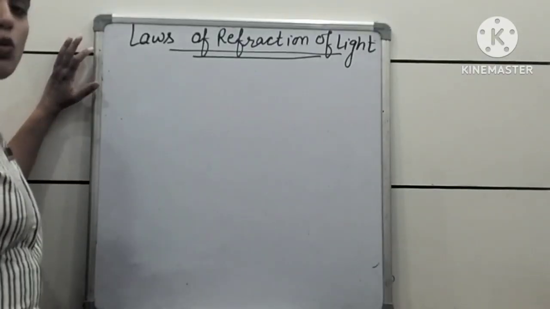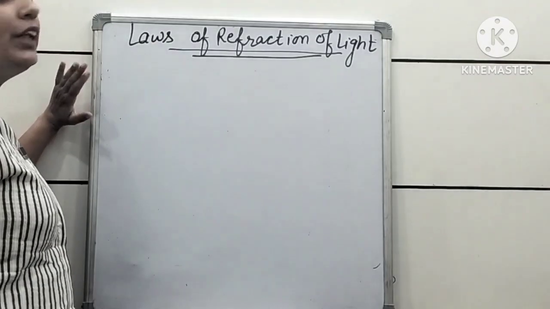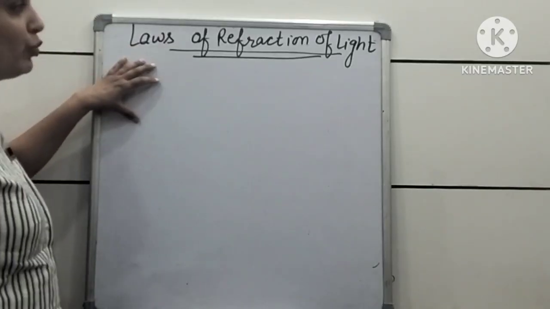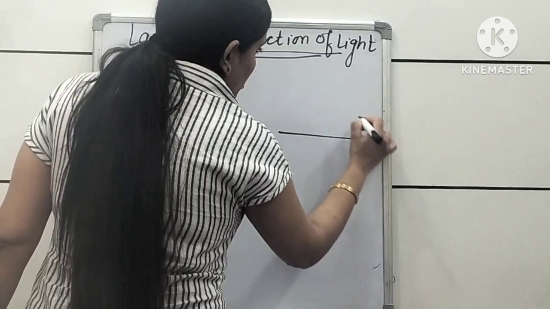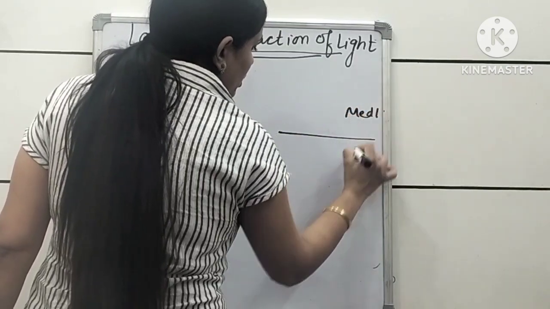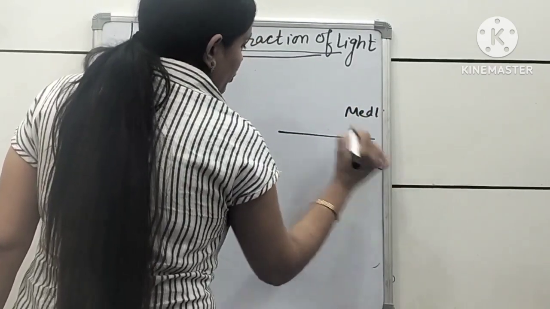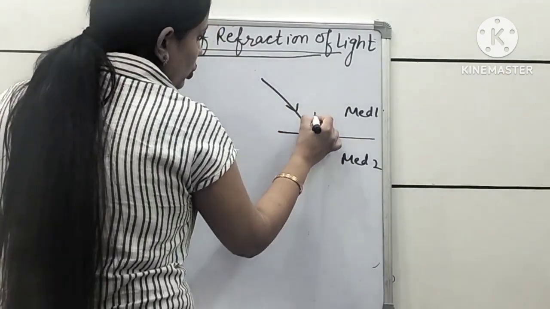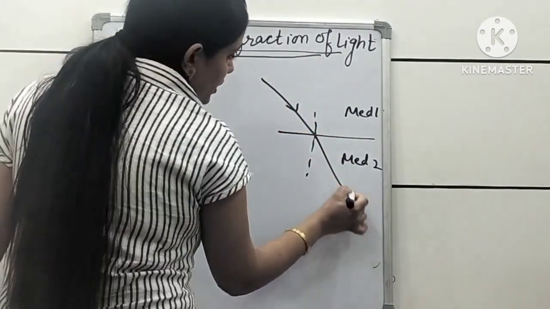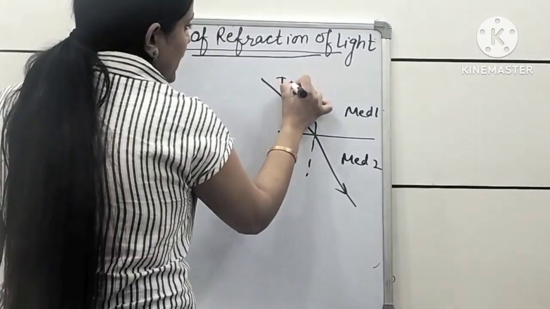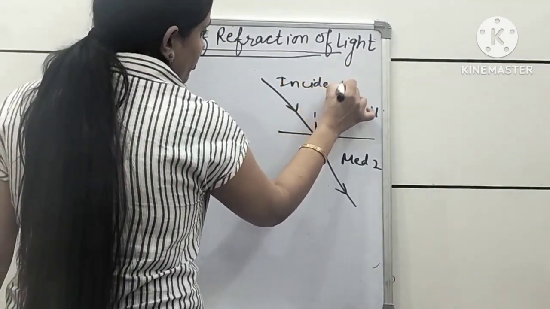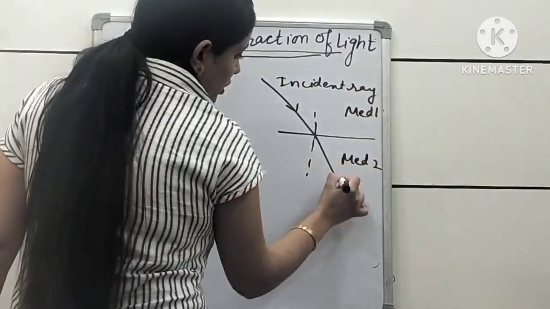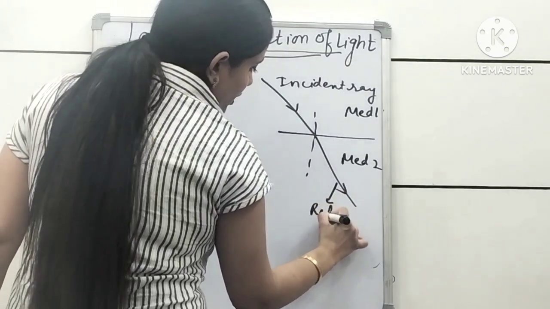When the light radiation goes from one medium to another medium, it obeys the two laws of refraction of light. Firstly, medium 1, medium 2. When the light radiation is coming from medium 1 to medium 2, it changes its direction. This is the incident ray, the refracted ray.